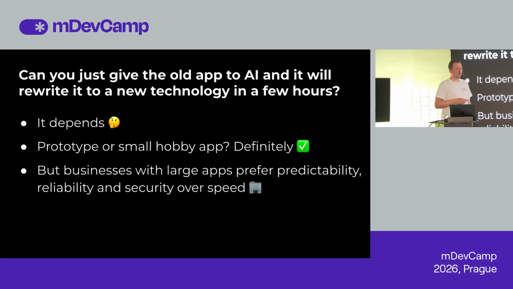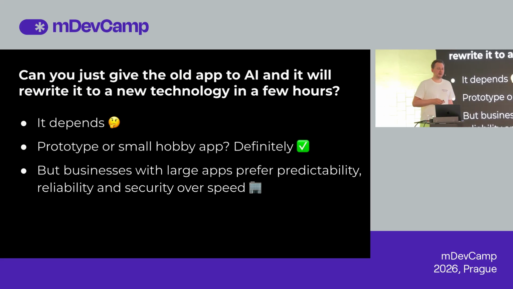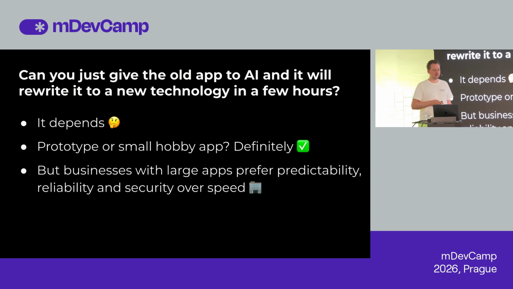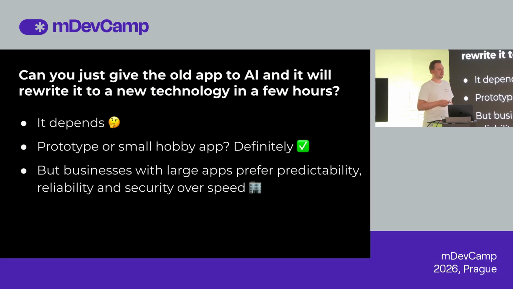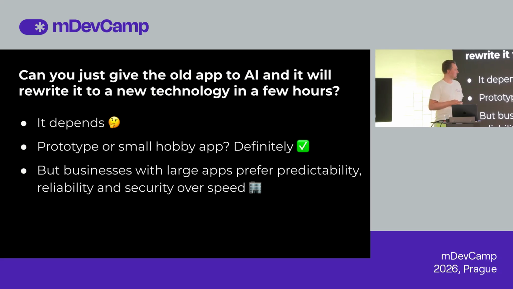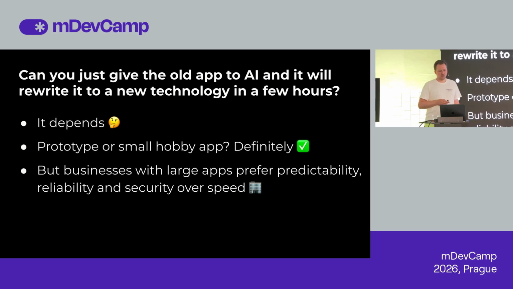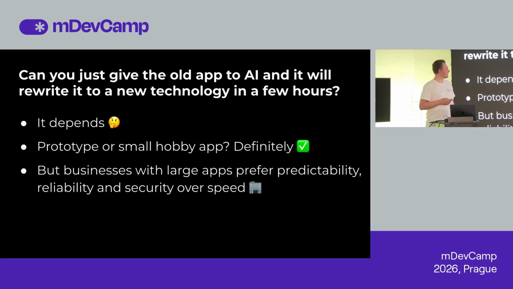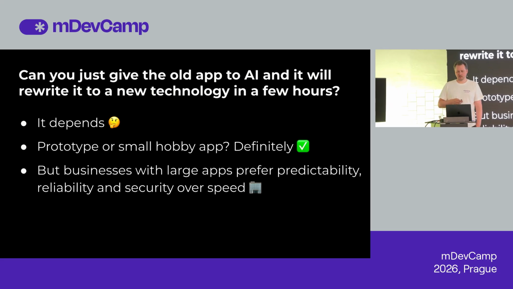But if you are working on a large enterprise app, businesses usually prefer predictability, reliability, and security over speed. Speed is not the priority here. So for that, you should take a different approach.